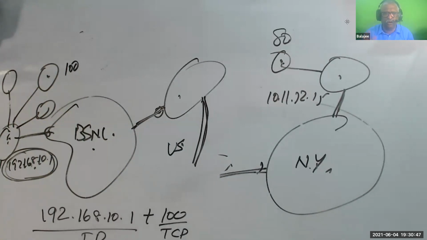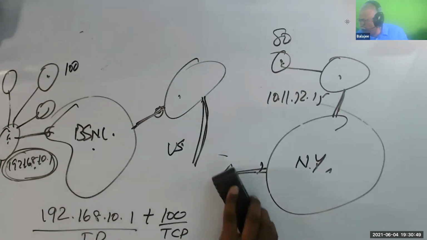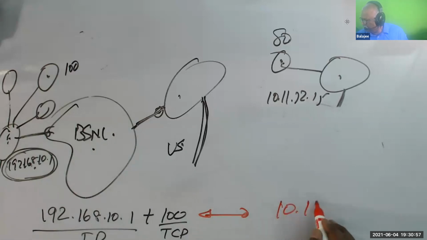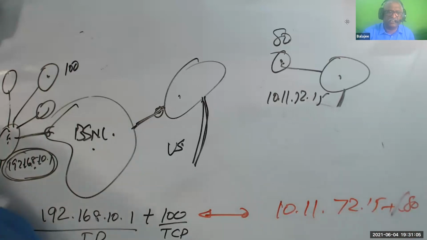Those things are important, but the most important thing is how they are talking to the other guy. Now that guy is talking to 10.11.72.15 with 80. This connection looks to be permanent till you close the window.